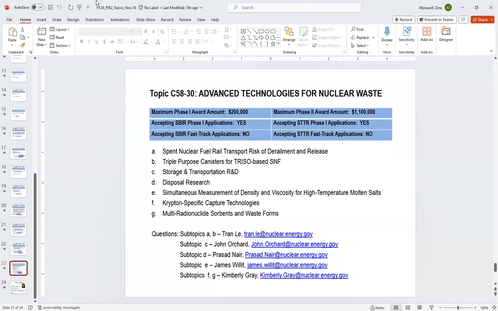For this first subtopic A, it's related to the rail transportation of spent nuclear fuel. DOE's primary mode of transport for spent nuclear fuel is expected to be by freight rail.